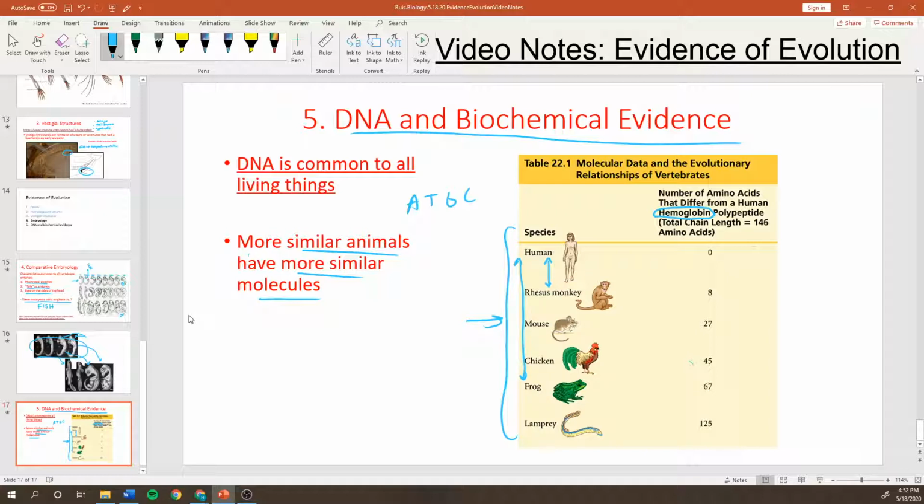Well, a human and a rhesus monkey, in the hemoglobin protein, remember proteins are made of amino acids, so there's only 8 amino acids different between us and a rhesus monkey. But between us and that same frog, look, there are 67 differences in the amino acid, okay? In the amino acids of that protein. So more similar animals have more similar molecules.